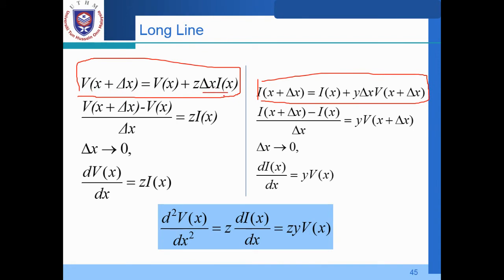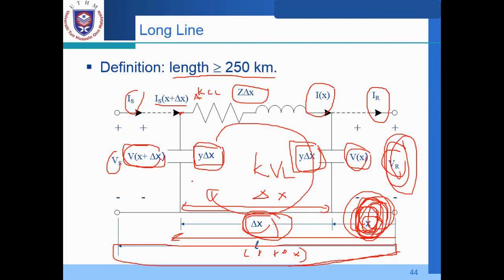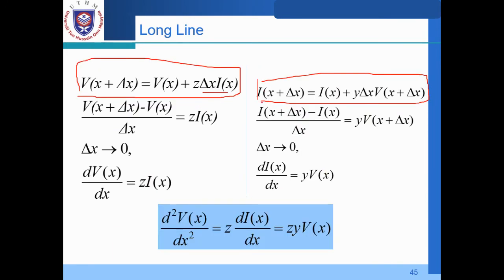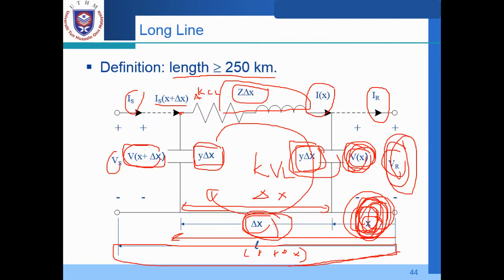This is the voltage drop. As well as here is Y delta x, or the Vx over here. Sorry, this one Vx. This is KCL happening at this node.